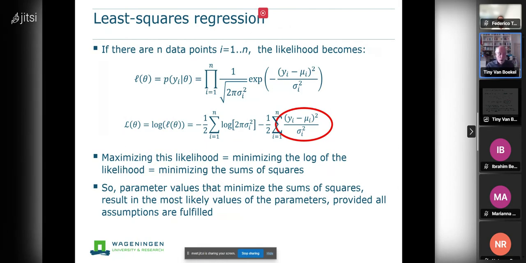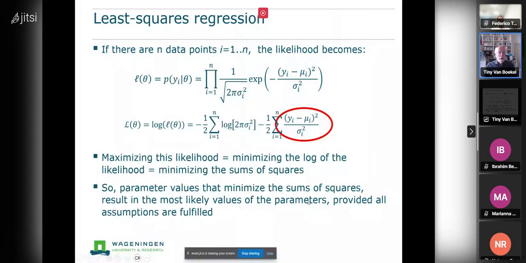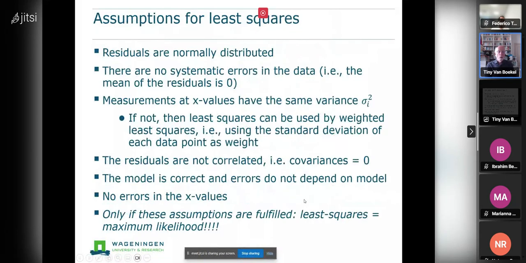And this is a big restriction because that's not always the case, as we saw yesterday. There are quite a lot of assumptions before you can actually apply least squares regression, and I've tried to summarize them here. One assumption is that the residuals, so the difference between the data and the mean, are normally distributed. I'll come back to that in a moment. The second assumption is that there are no systematic errors.